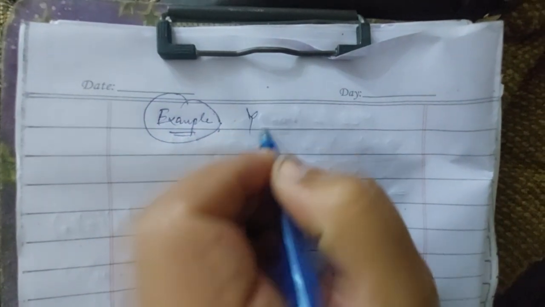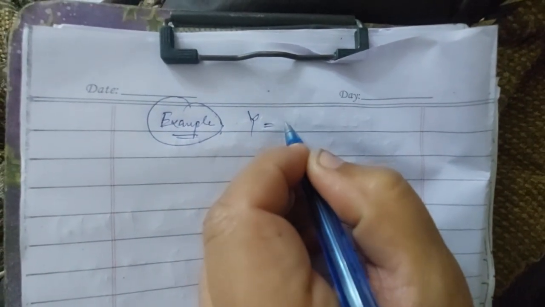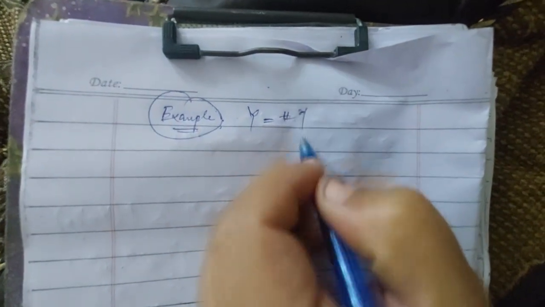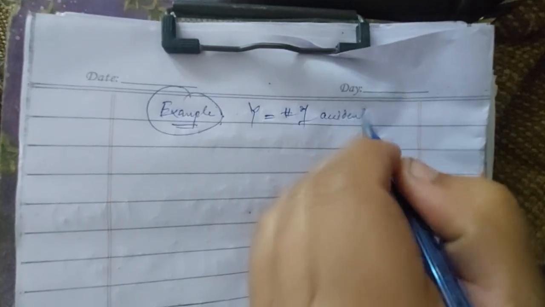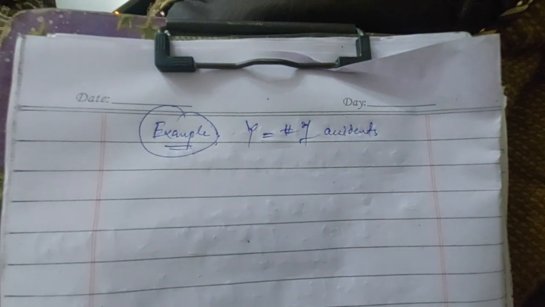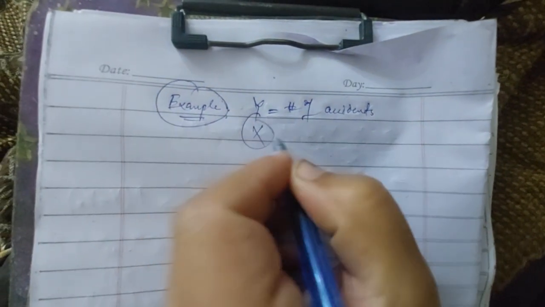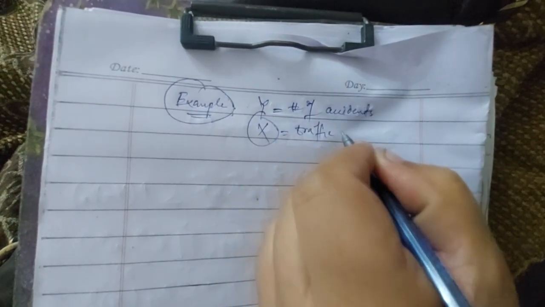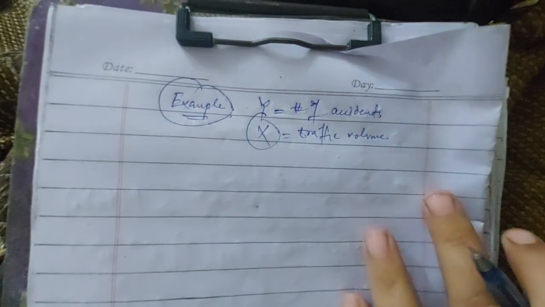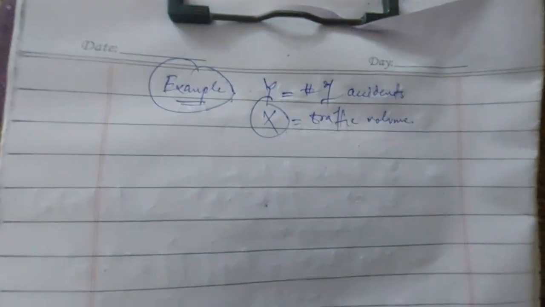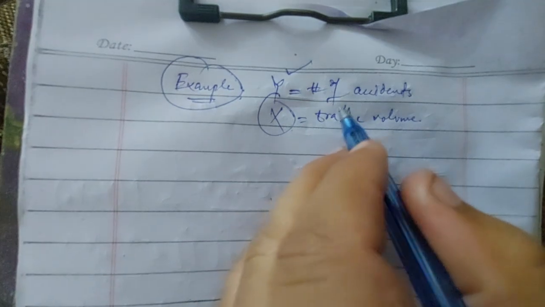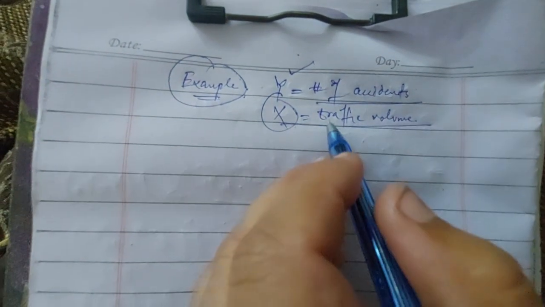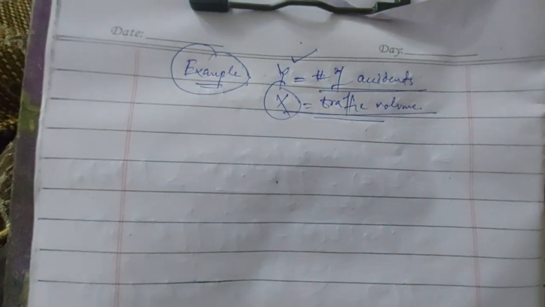Let's suppose capital Y is equal to the number of road accidents, and we have an explanatory variable x, which is the traffic volume, for example. So we have two things over here. We have the response variable y, which is the number of accidents per day, and an explanatory variable which is the traffic volume that day.